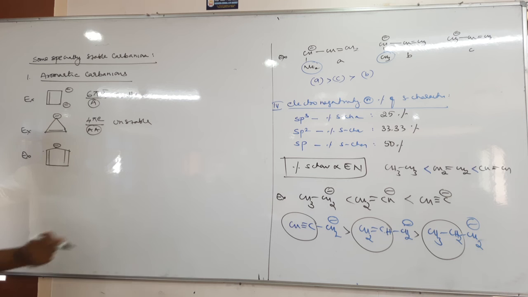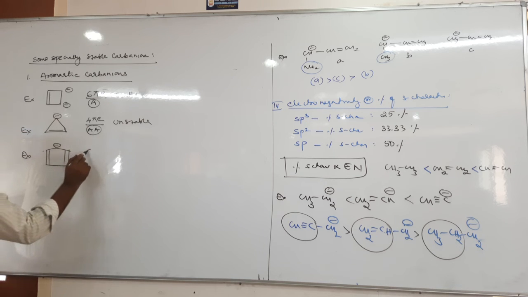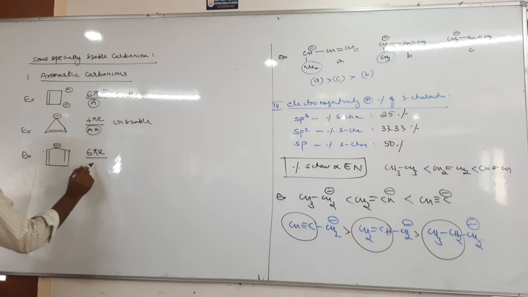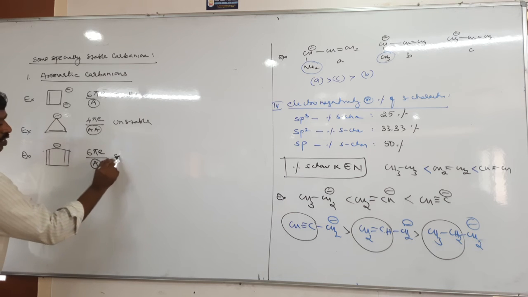So unstable means this molecule, this ion does not exist. We have studied that anti-aromatic compounds do not exist. Highly unstable. Next, this has 6 pi electrons, it is aromatic, stable.